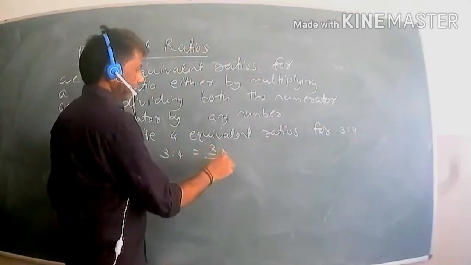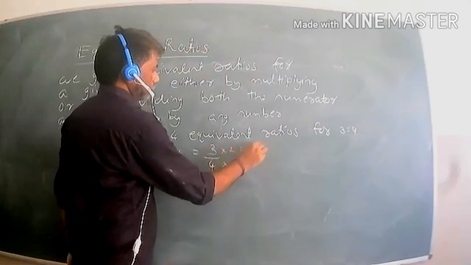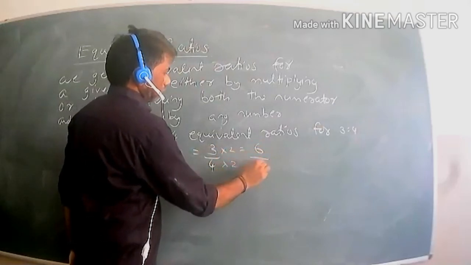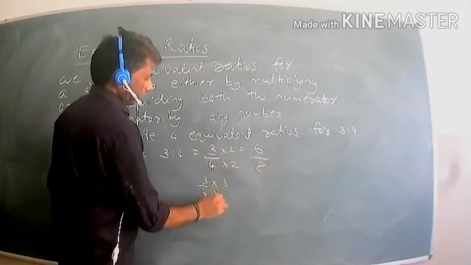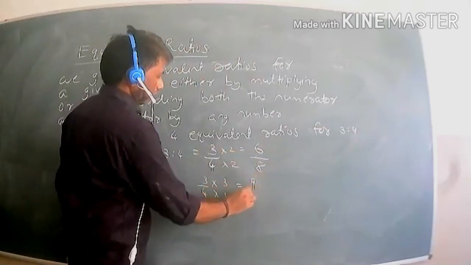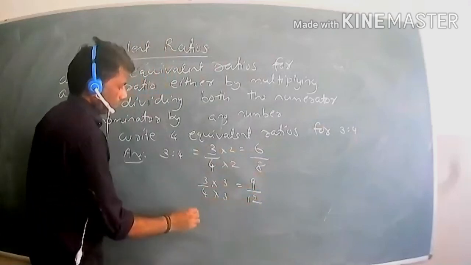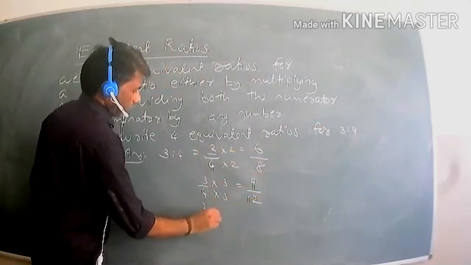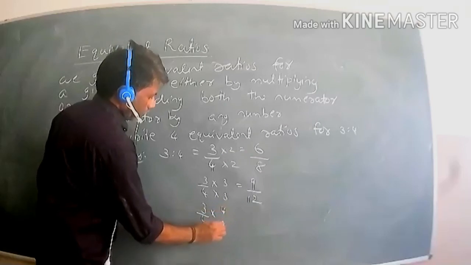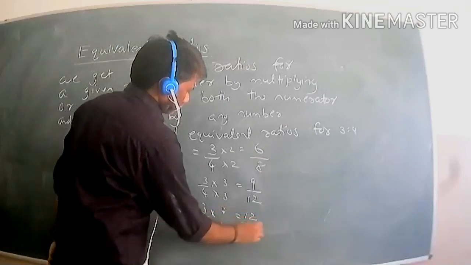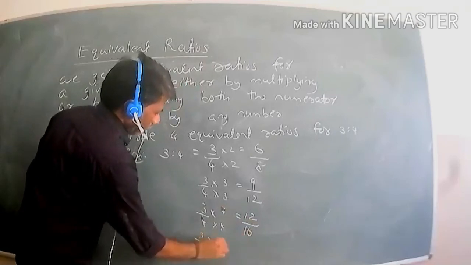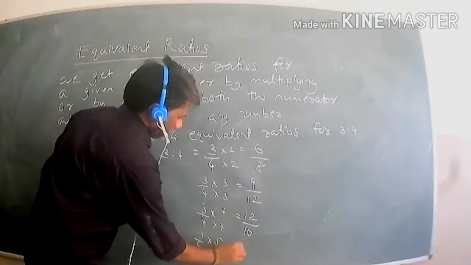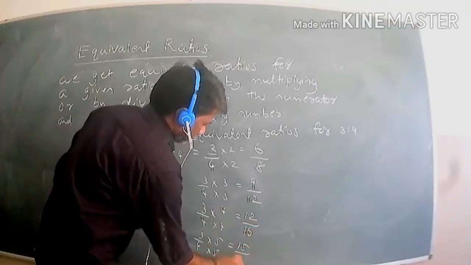If you multiply by 2, 3 2s are 6, 4 2s are 8, 6 by 8. Again 3 by 4 into 3, you will get 9 by 12. 3 by 4 into 4, 12 by 16. 3 by 4 into 5, 3 5s are 15, 4 5s are 20.